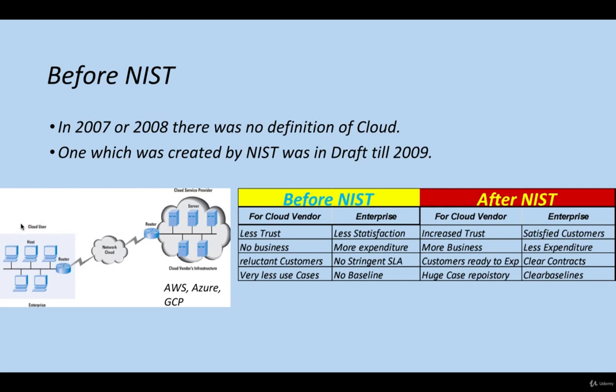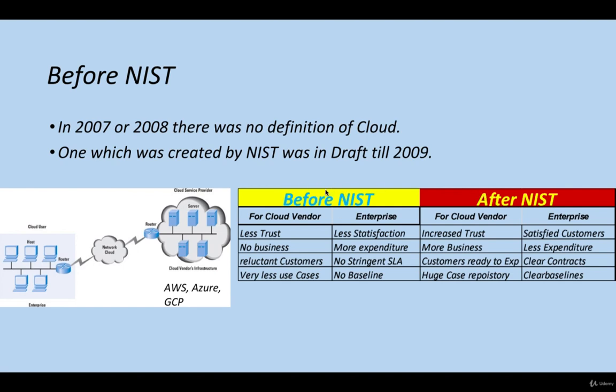So for the enterprises, what is the main goal? That they should be able to save money, have a good business, right? They should have internal happy customers, and at the top level, C level, they should be able to save money while deploying the infra onto the cloud. So that motto was, you can say, solved after NIST came into the picture.